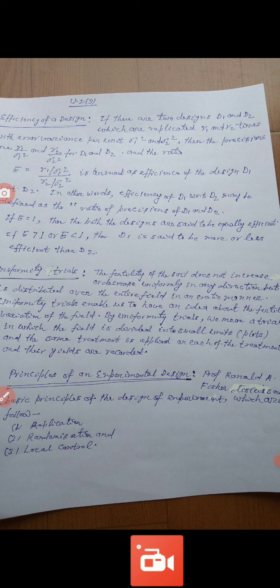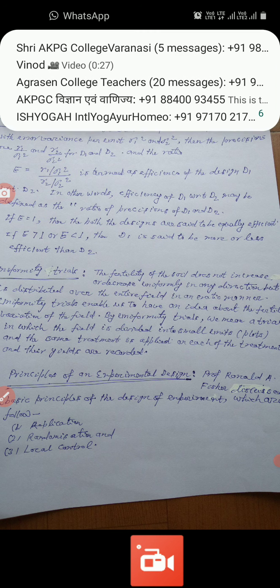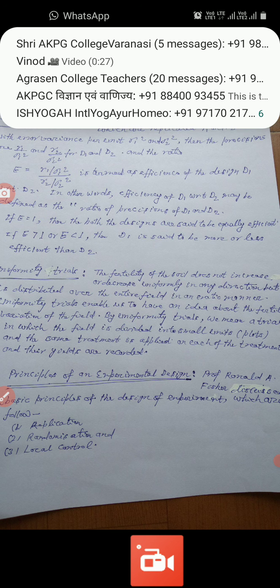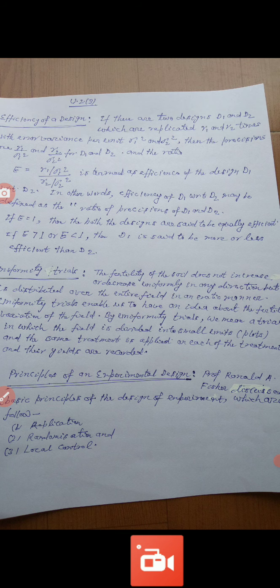Now we will discuss uniformity trials. In this case, the fertility of the soil does not increase or decrease uniformly in any direction, but is distributed over the entire field in an erratic manner.